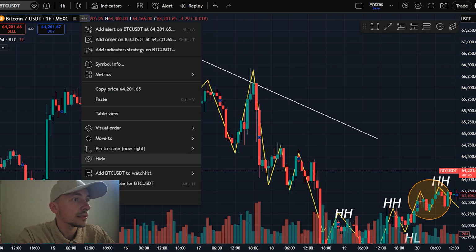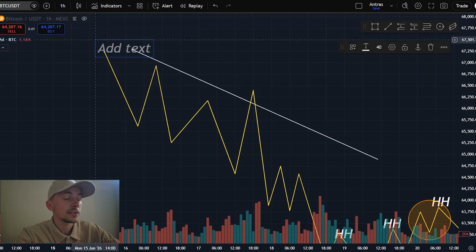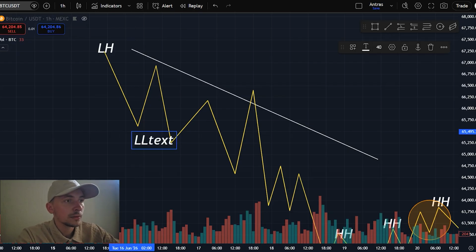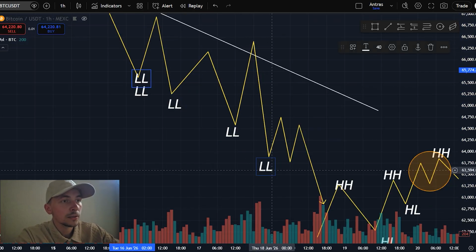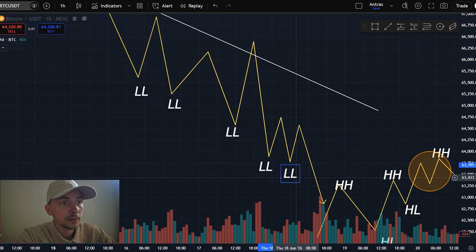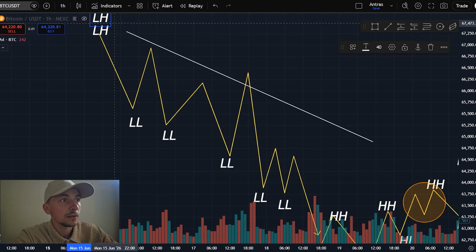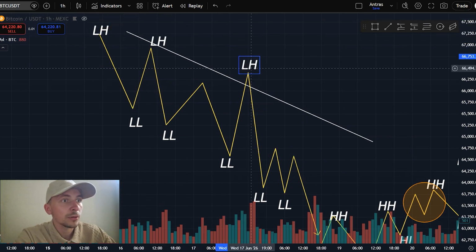Now I'm going to hide it. Once again, what we are doing is trying to understand the market. This is the lower high, and this is the lower low. We have a new lower low here, here, here, and here. Here we have new lower highs, also a new lower high.